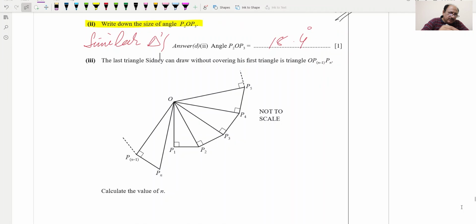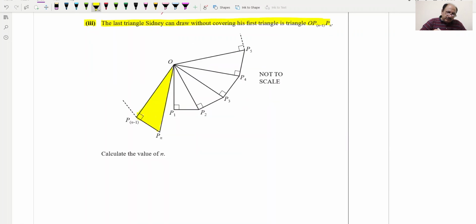Next is the third part: the last triangle Sydney can draw without covering his first triangle is triangle OPN minus 1 PN. So this is basically the last triangle drawn without overlapping the first triangle. We will consider OPN minus 1 and PN, and we will calculate the value of n.